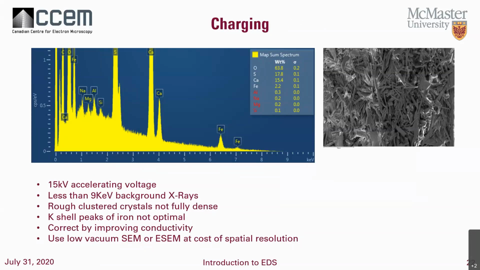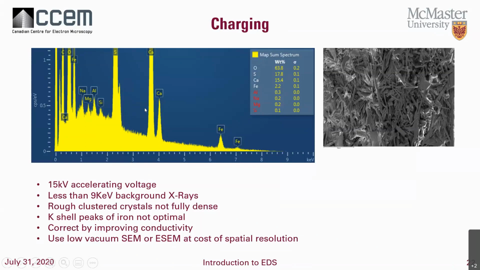So here we can see an example of using a 15 kV accelerating voltage. And you can see down here on our spectrum that we are not getting background X-rays really very much above 9 kV.